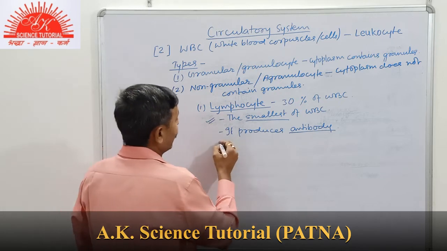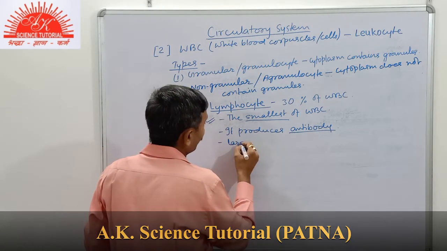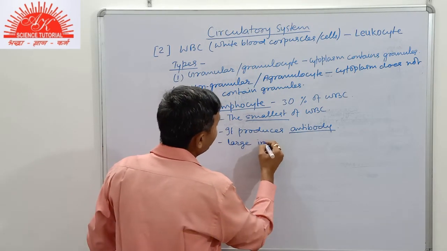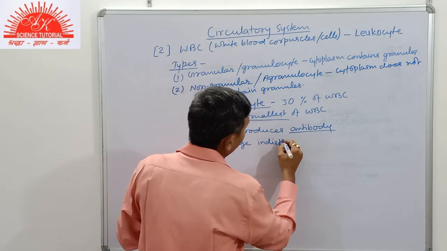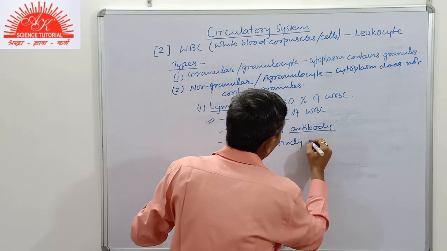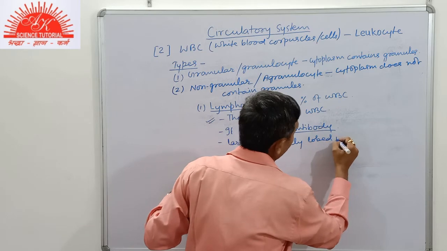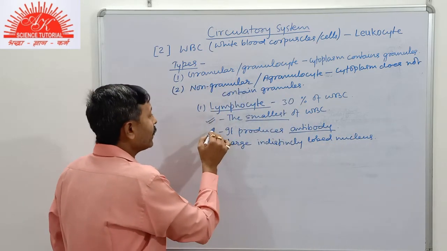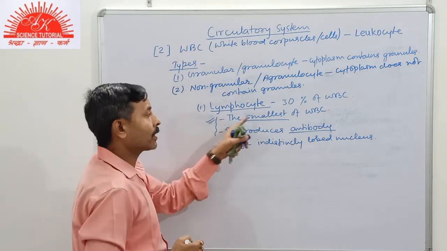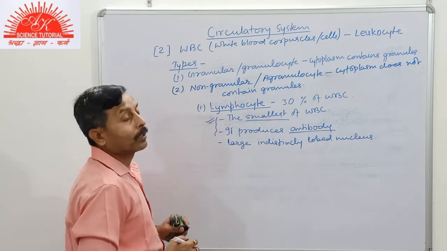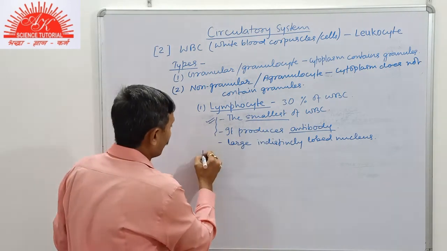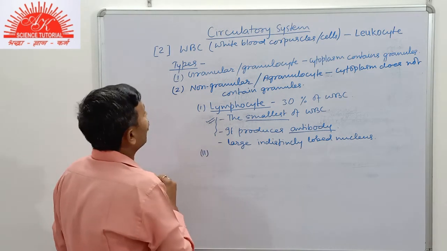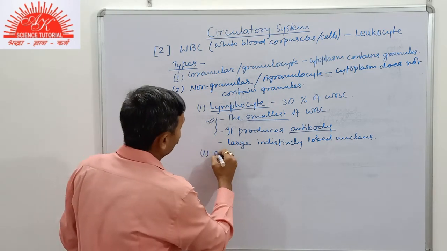Now here, it has a large indistinctly lobed nucleus. So the main point is related here, that is the smallest of WBC, and it produces antibody. The second part in it is monocyte.